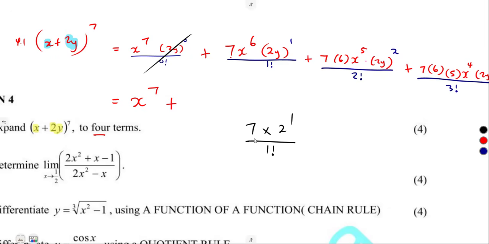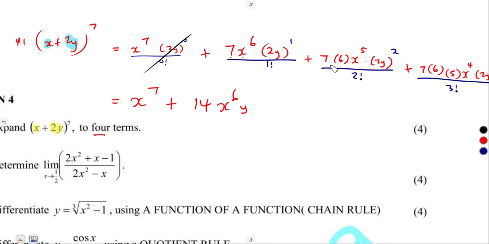You're going to simplify it in this manner. That gives us 14, so that was 14 y to the exponent of 1. But x is to the exponent of 6, y to the exponent of 1, so that's simply y that you're going to have. That's how you simplify that.